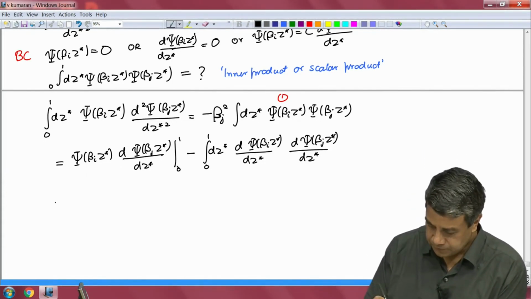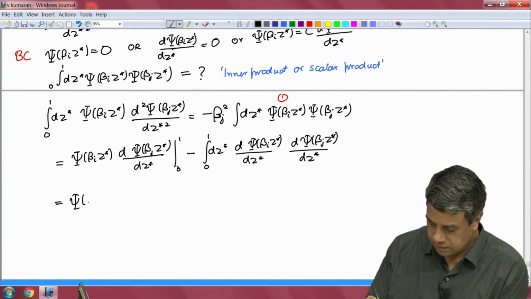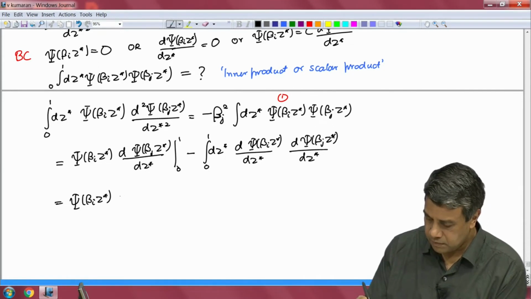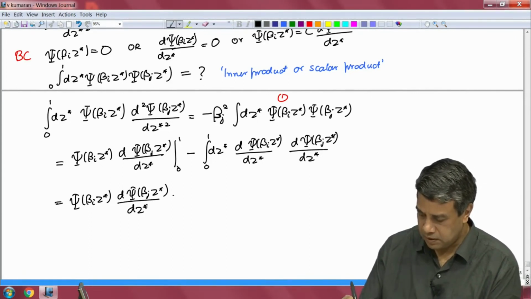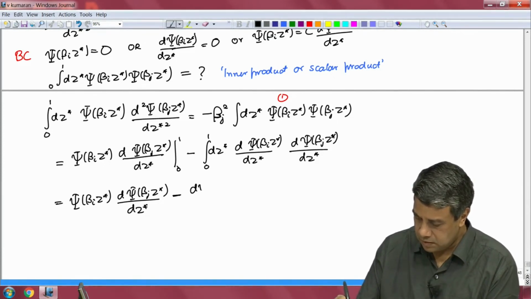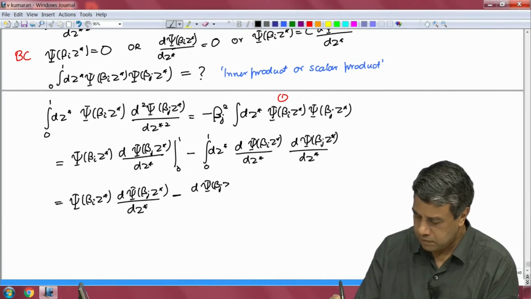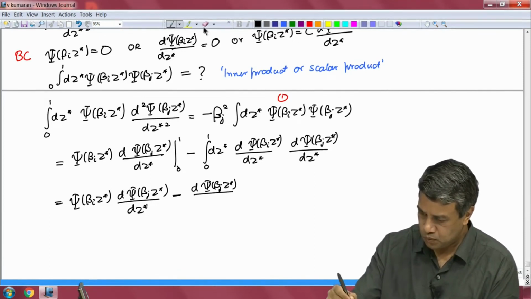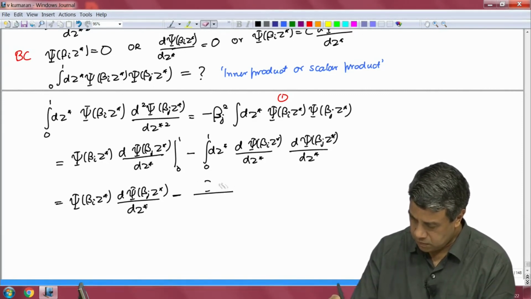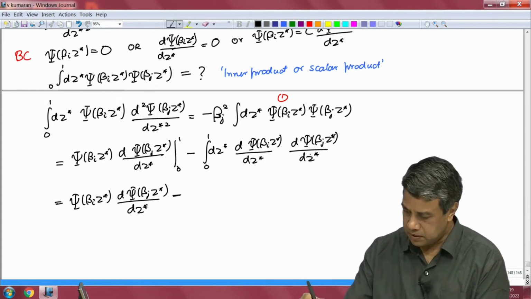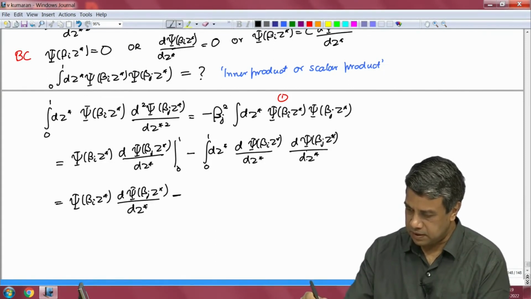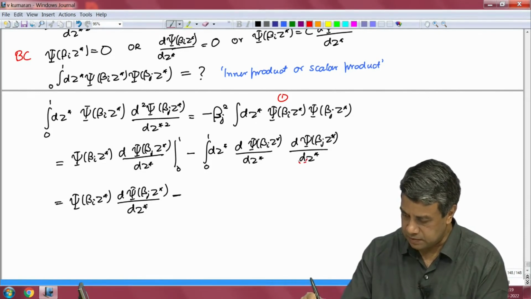So, I will get minus. I am transferring the second derivative from the second term to the first term by integration by parts.